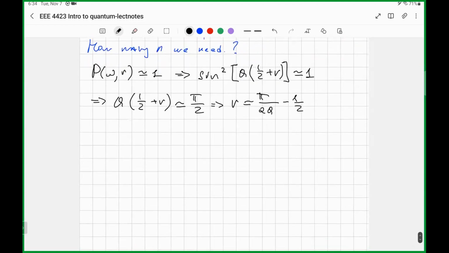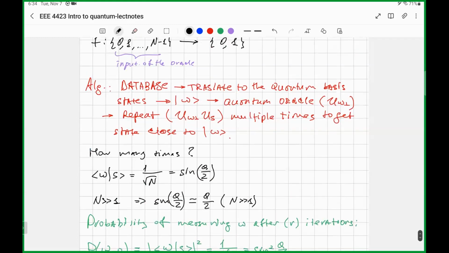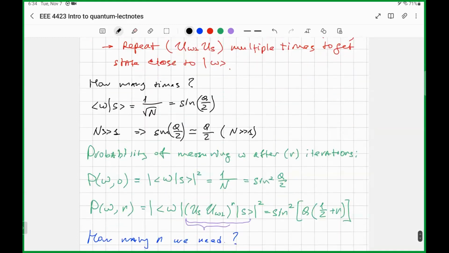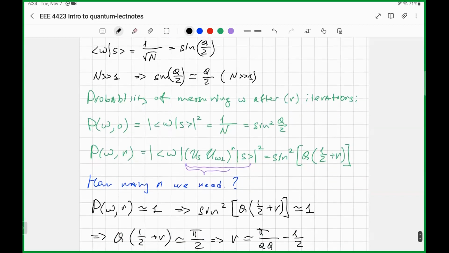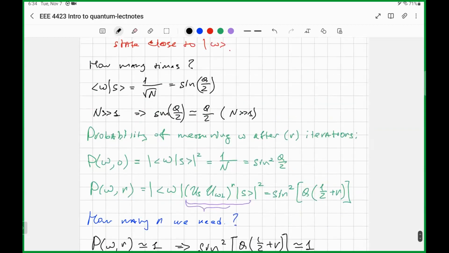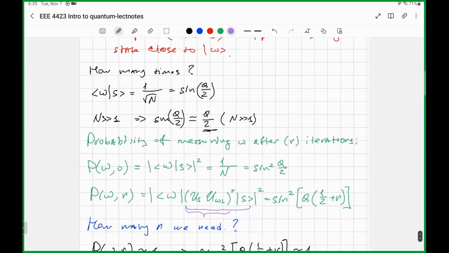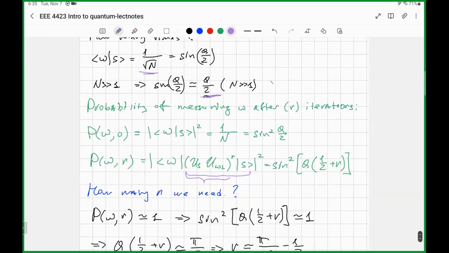We already found that theta over 2 is equal to 1 over square root of N, right?